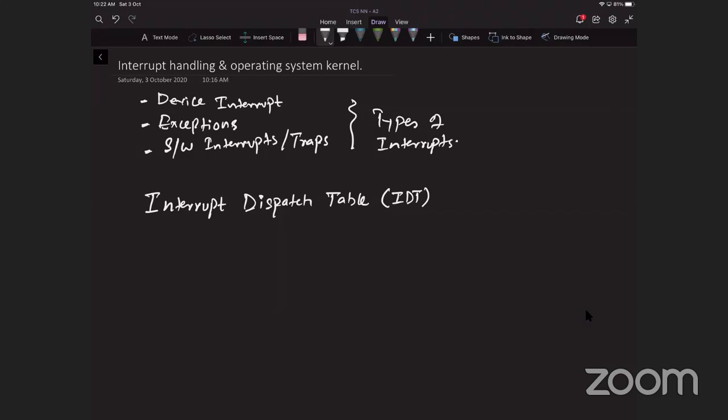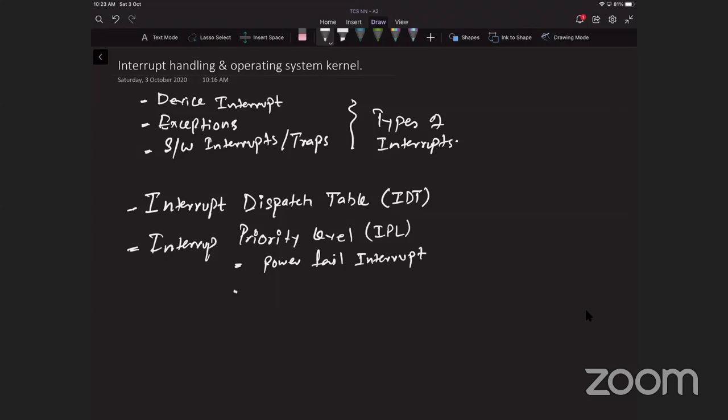Examples of interrupt priority levels include power fail interrupt, clock interrupt, system clock, and third one is, let's say, IO devices interrupt.